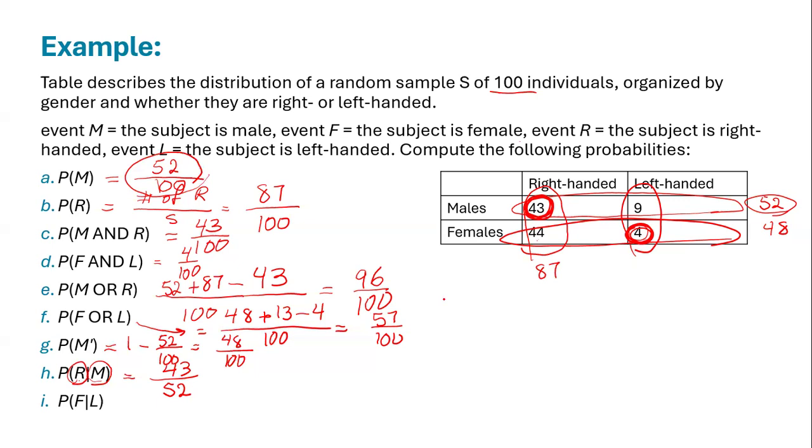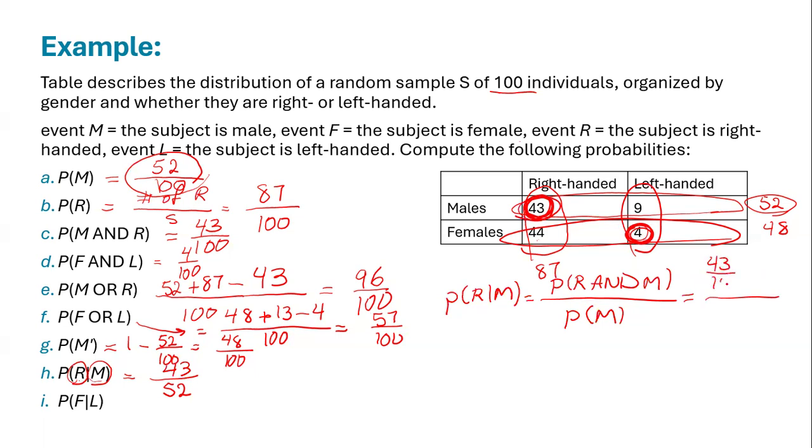Or you can also use the formula to find the probability of R given M. You find the probability of R and M and divide it by the probability of M. R and M means right-handed and male. Right-handed and male together are 43 out of 100, the sample space.